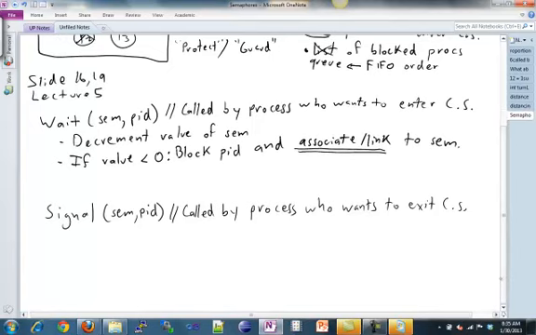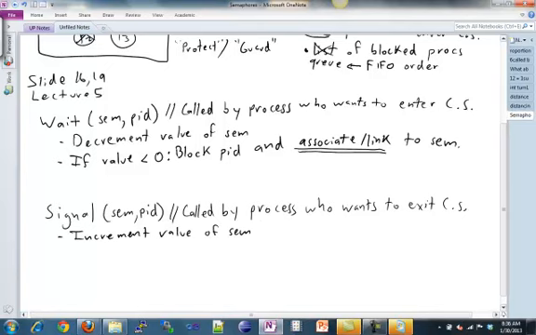Okay, so what about signal? Well, we know that signal is called when a process wants to exit, so that means that one less process is going to be inside the critical section. So we want to increment the value of sem, right? Because one more process is going to be allowed to come in.